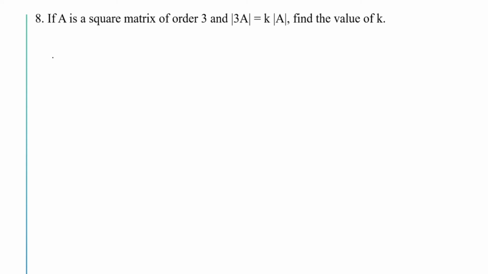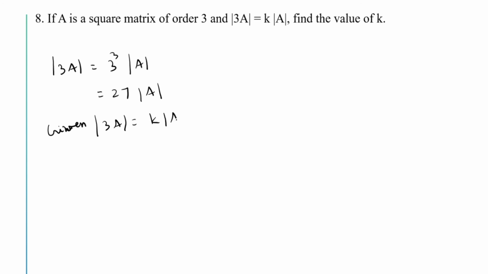Then determinant of 3A is equal to 3 cube into determinant of A. So this is equal to 27 into determinant of A. Given determinant of 3A is equal to K into determinant of A. So from these two, we can see that K is equal to 27. From 1 and 2, K equal to 27.